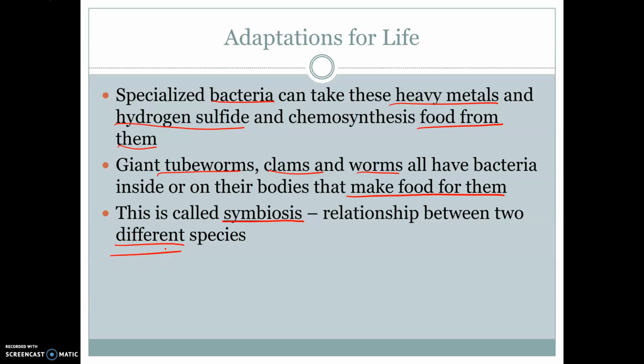So the bacteria and the worms here are going to work together and have a mutual symbiotic relationship where they're both benefiting from having the bacteria inside their bodies to make food, and the bacteria are also benefiting because they have this safe place to survive and live in. So that would be a really good example of a symbiotic relationship.